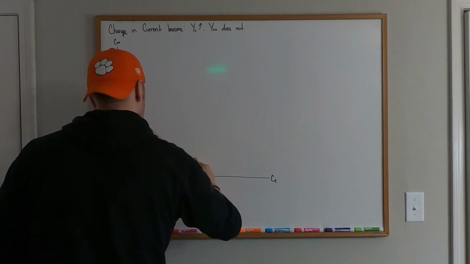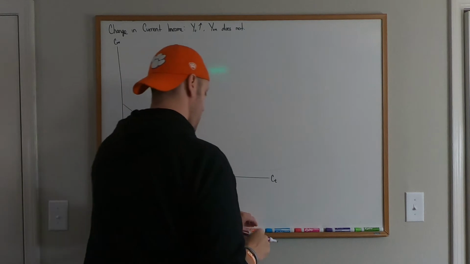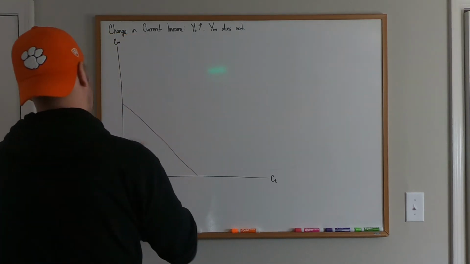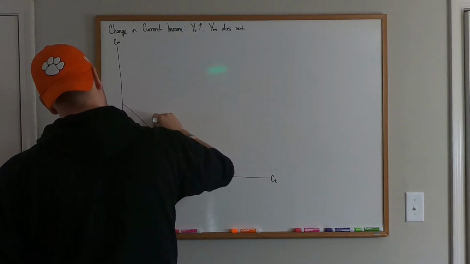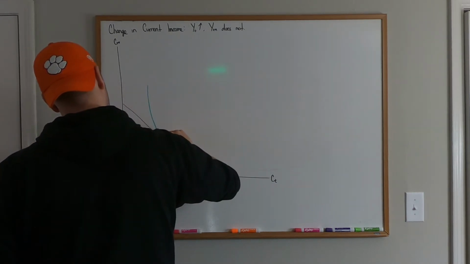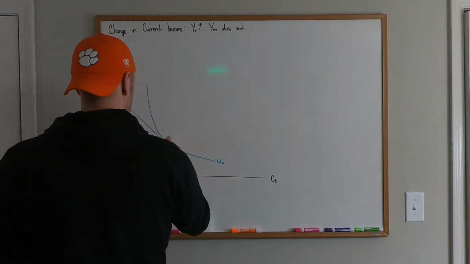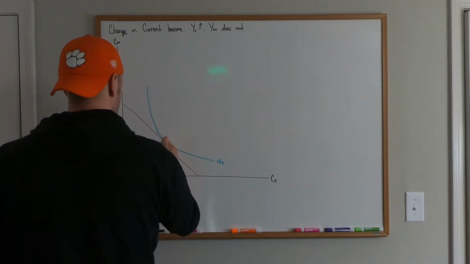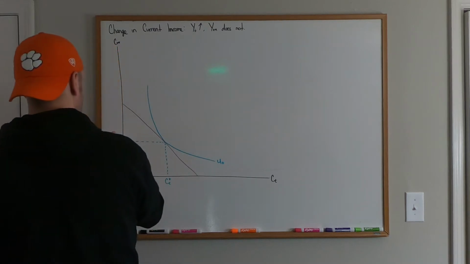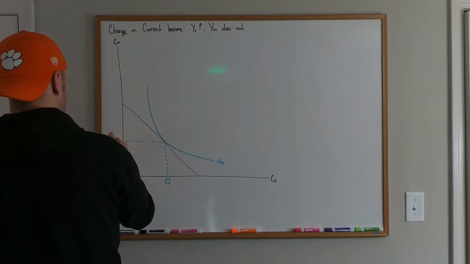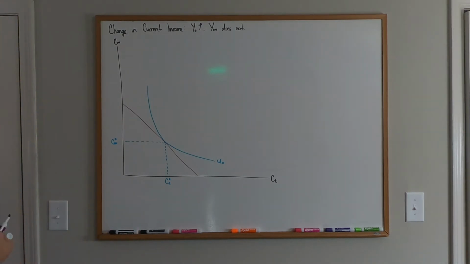We'll have our initial budget line, and our initial indifference curve, with the midpoint of tangency at C, like this. So this is where we'll be starting out.